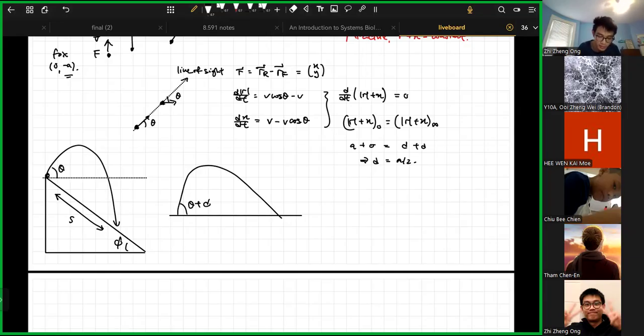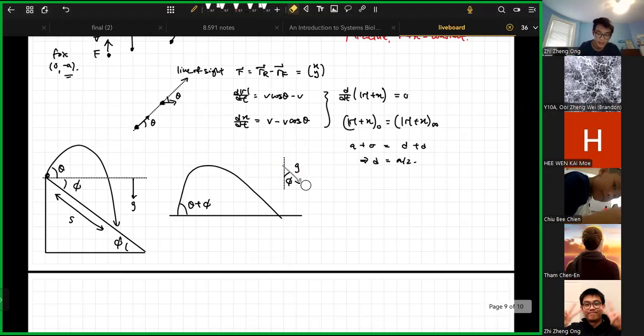So now this angle becomes theta plus phi. But now the gravity is also tilted, because normally gravity points downwards, right? Now gravity points in this weird direction that has an angle phi here.